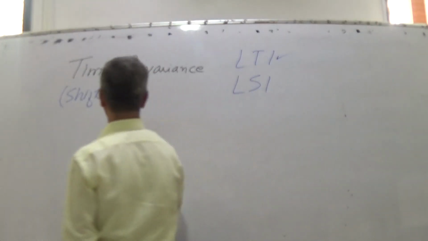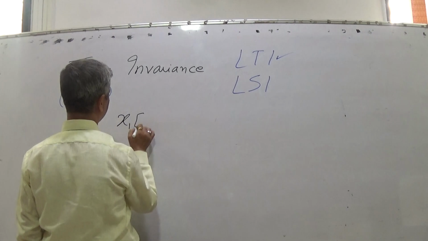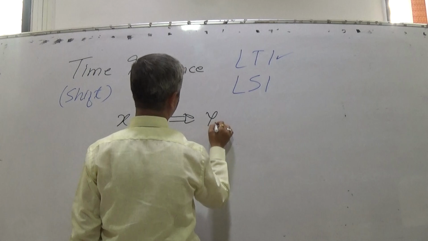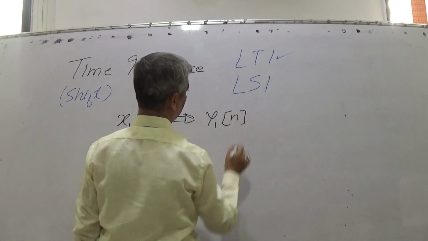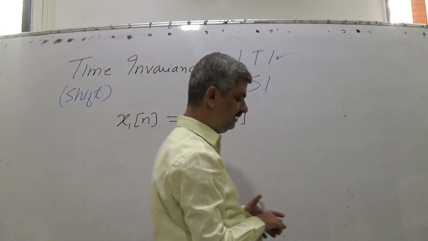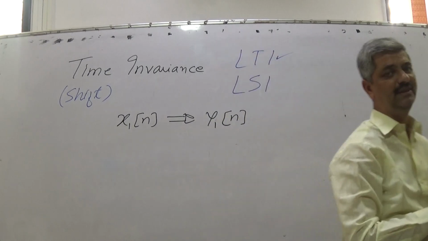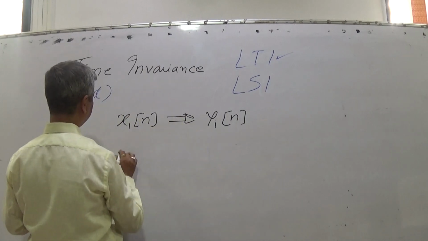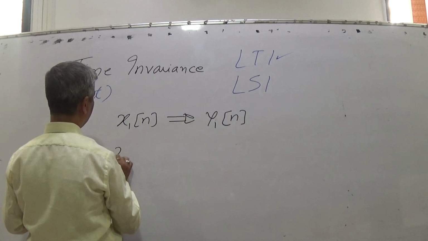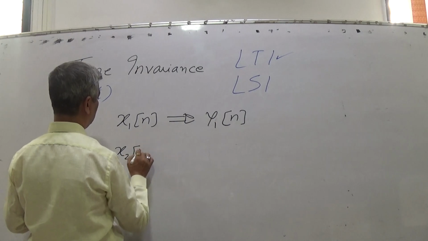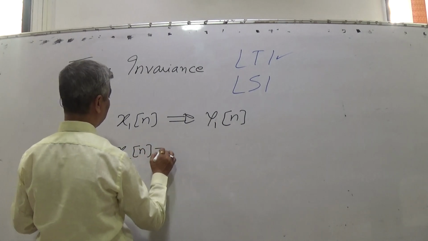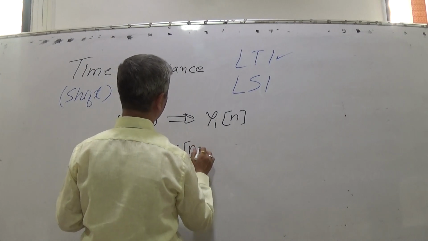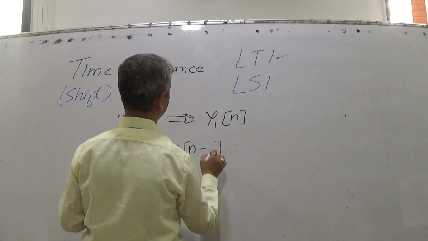Now suppose I apply x1[n] and I obtain y1[n] from the system. Then if I apply x2[n], let x2[n] be x1[n minus 1].